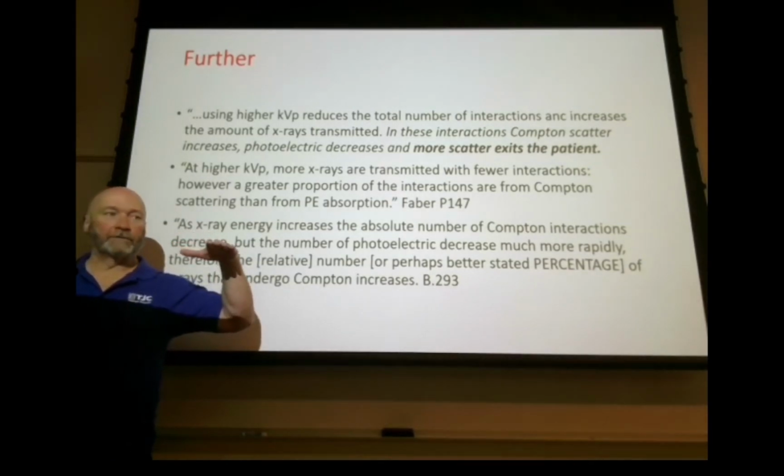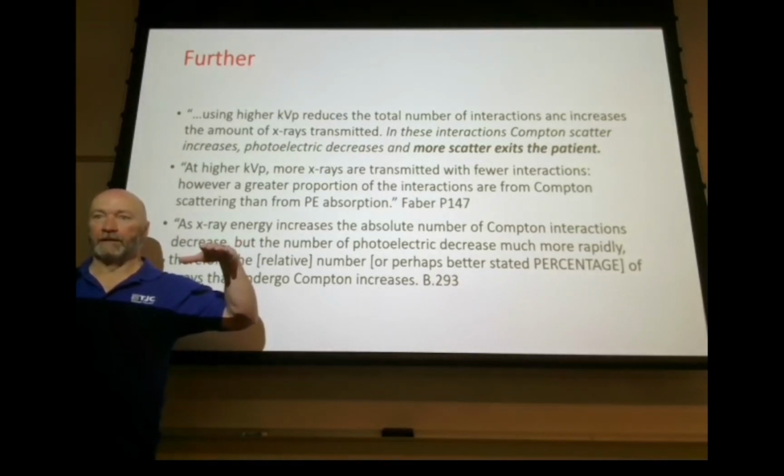Let's say our photoelectrics are now 10%, right? The number of Comptons didn't change, but the percentage is now what? If photoelectrics are 10%, what's our percentage of Compton? 90, right. Okay?